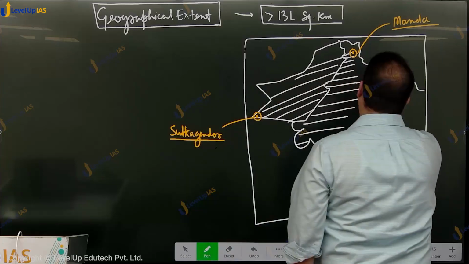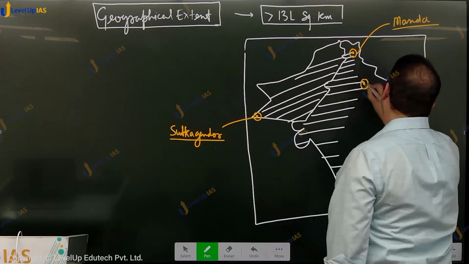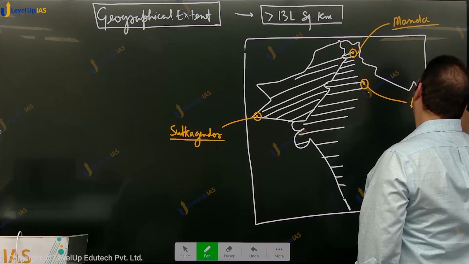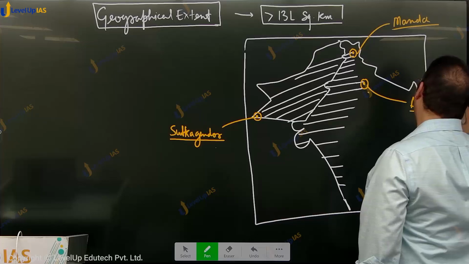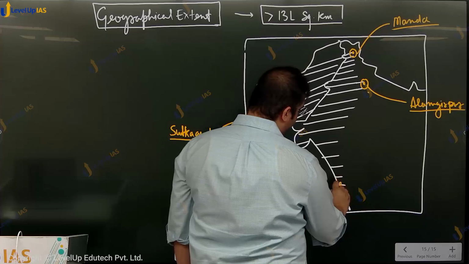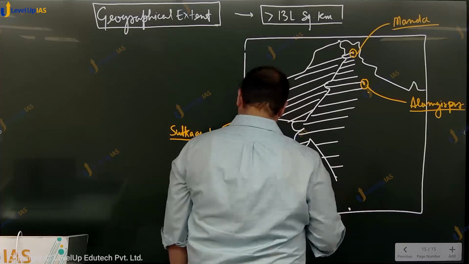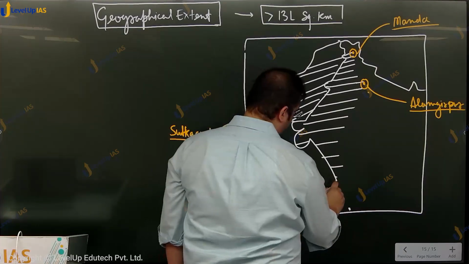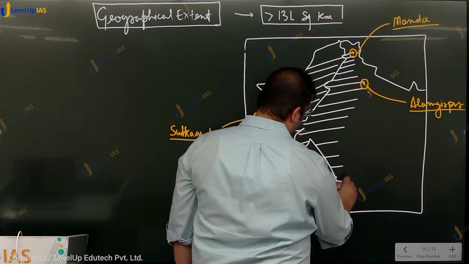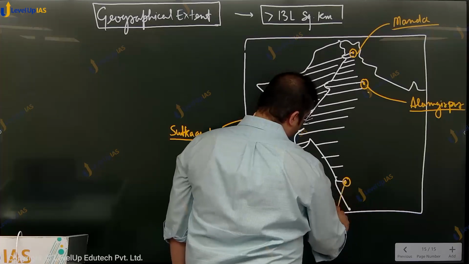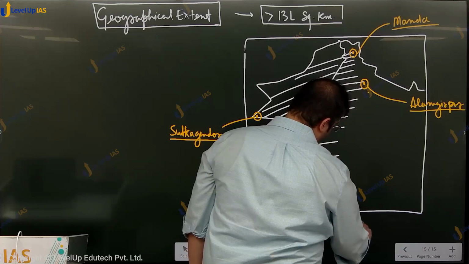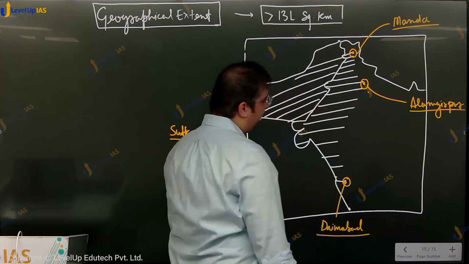The easternmost site is Alamgirpur, and the southernmost site, sorry, not over here, slightly to the east, is Daimabad in present day Maharashtra.